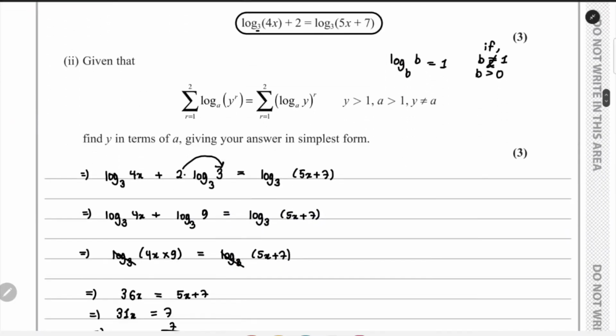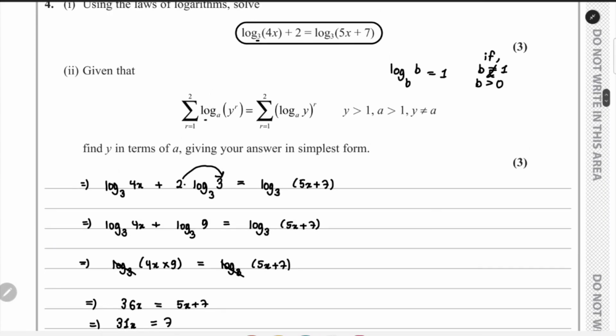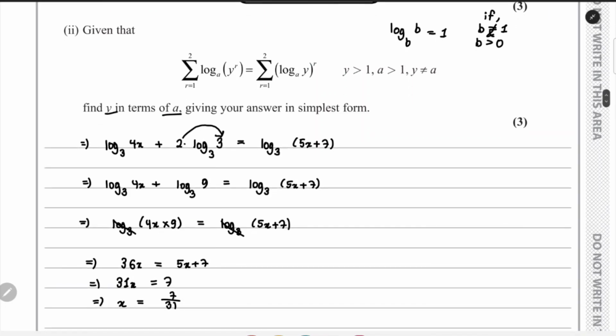Now in part 2, we are given that summation of log base a of y to the power r is equal to log y base a whole to the power r. We have to find y in terms of a.